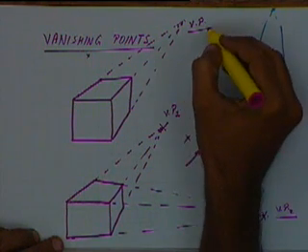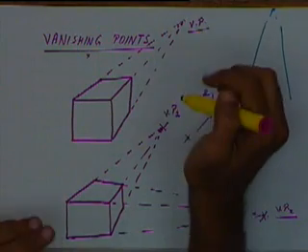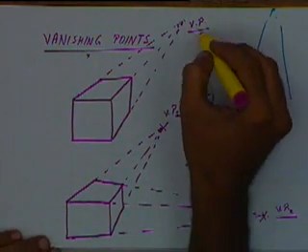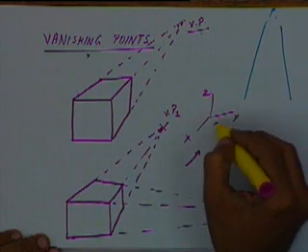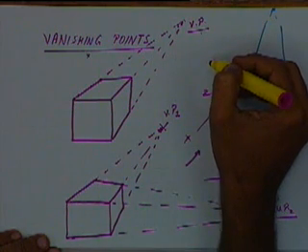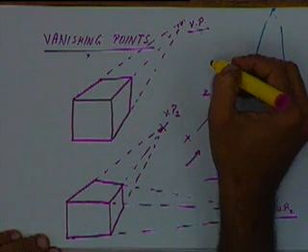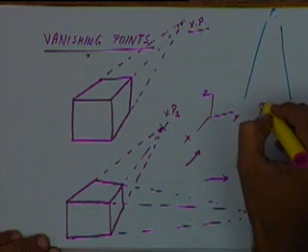Now these vanishing points correspond to lines parallel to the x direction, the y direction or the z direction, so these are called principal vanishing points.